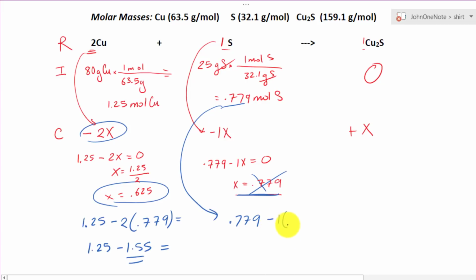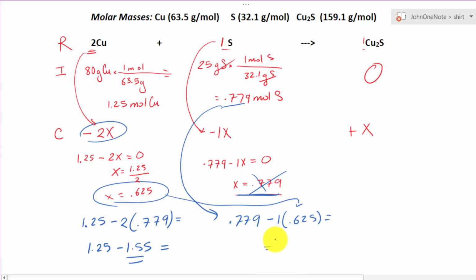So 1 minus x, but in this case, I'm using x as 0.625. And what does that tell you? We have 0.779 minus 1 minus 0.625 will give us an extra value, right?